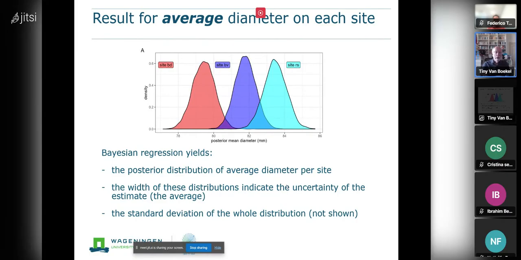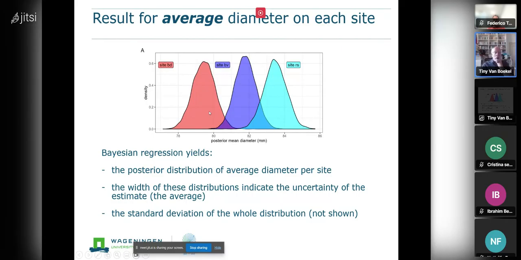And so I calculated the average diameter in the Bayesian way, which means that I also have the uncertainty in that calculation. So what you see here is the posterior distribution of the mean, the average diameter, for 3 sites.